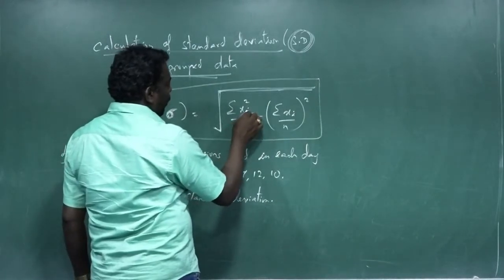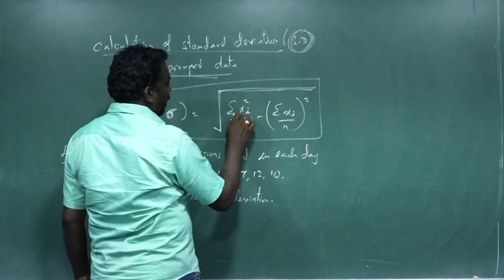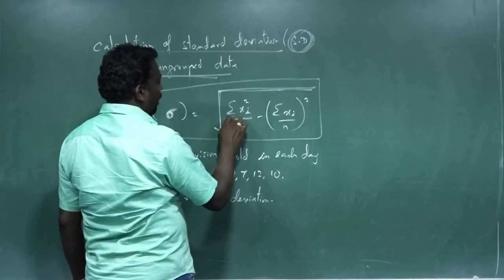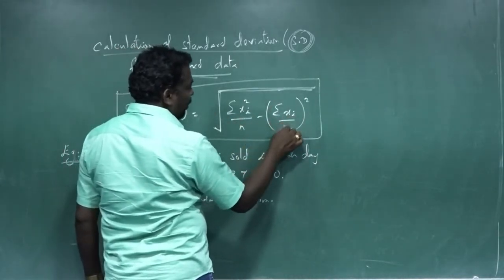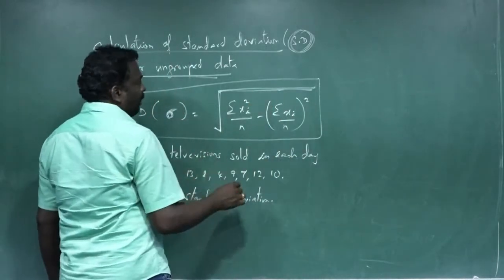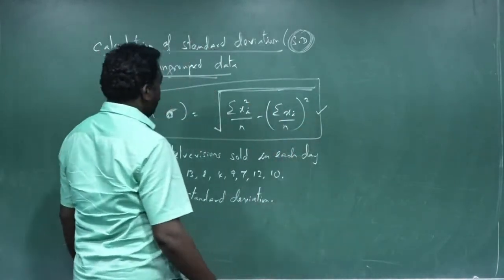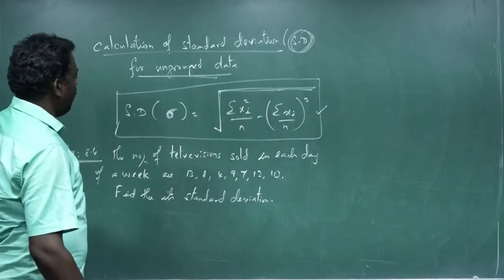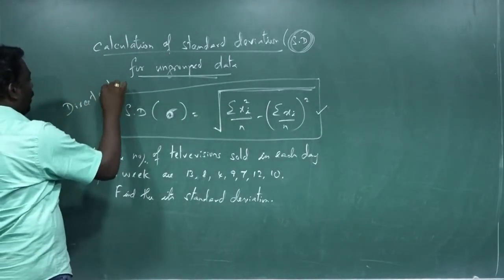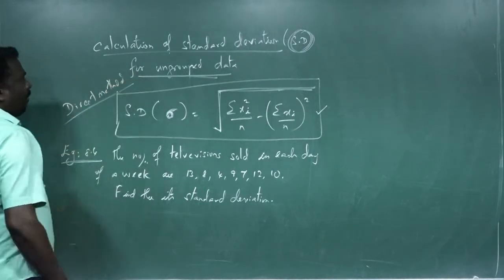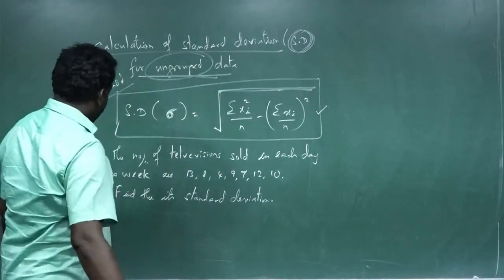We square each term xi, sum all the square terms, divide by n, and subtract summation xi by n, whole square. This is the direct method to find the standard deviation of ungrouped data.